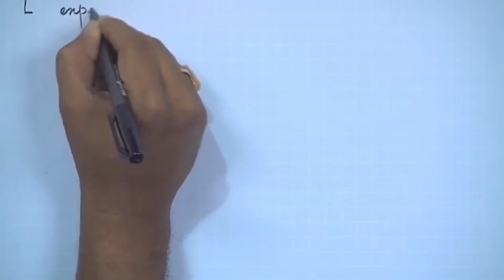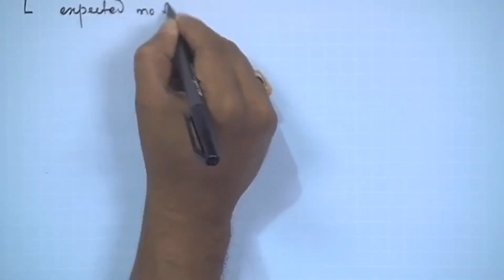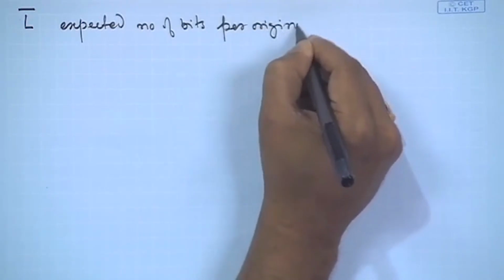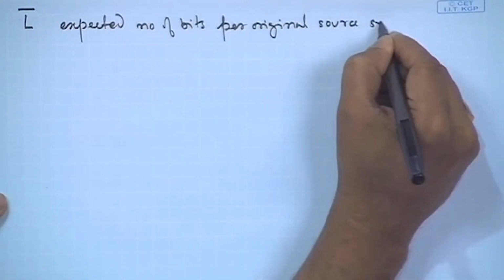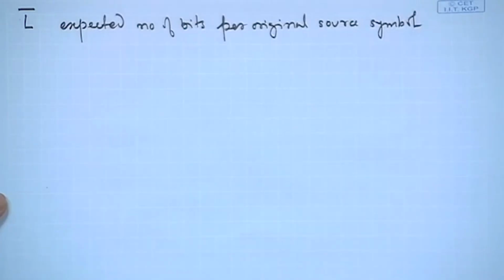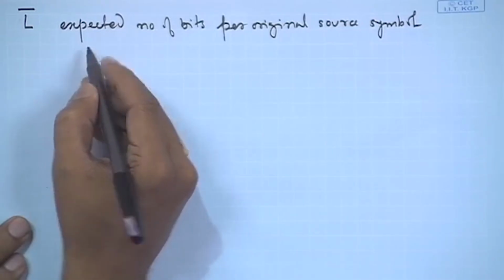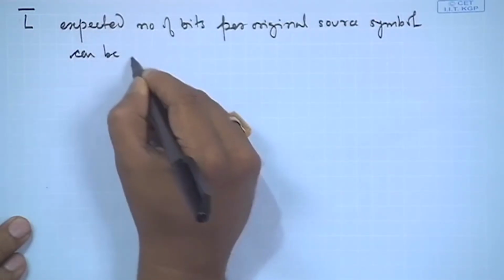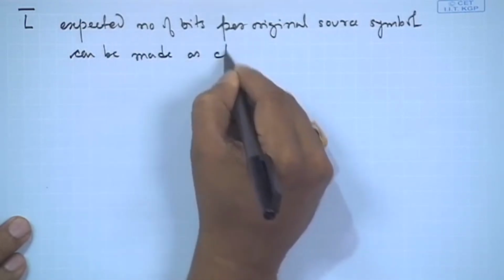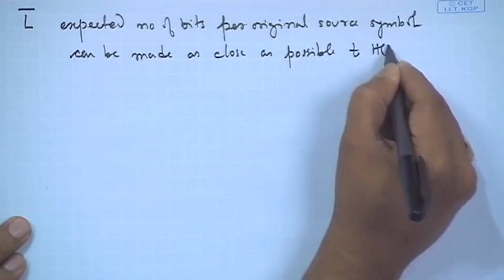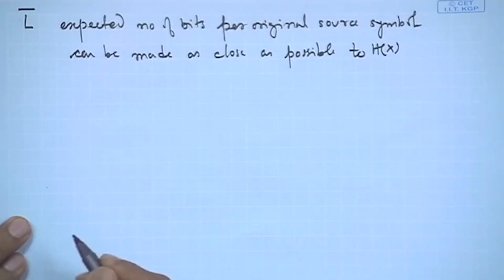Here, L bar is the expected number of bits per original source symbol, and what we can say is that this can be made as close as possible to H(X). This is what we are trying to see, as desired.